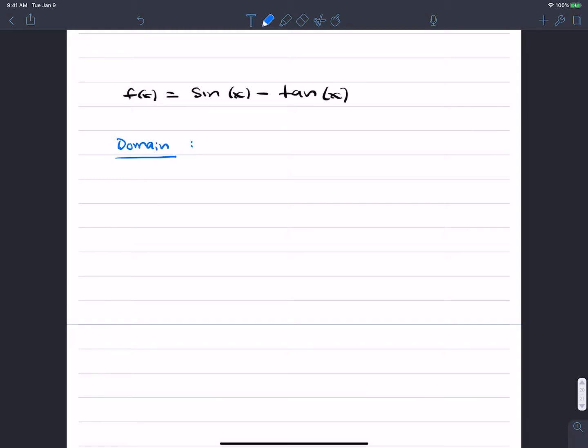Is that right? So let's recall something about tangent. What's tangent? Sine over cosine. So right off the bat, we know we have some restrictions here for the domain. Is that true?